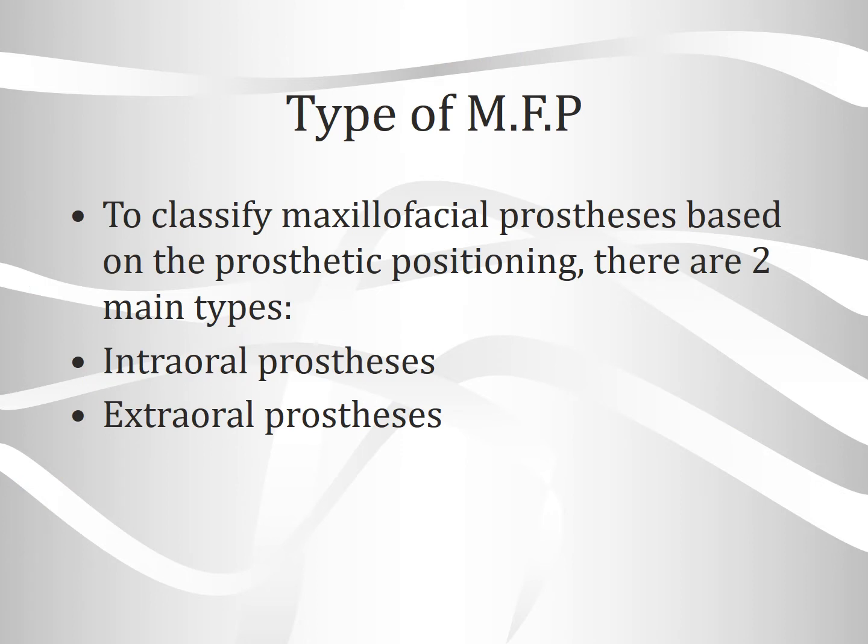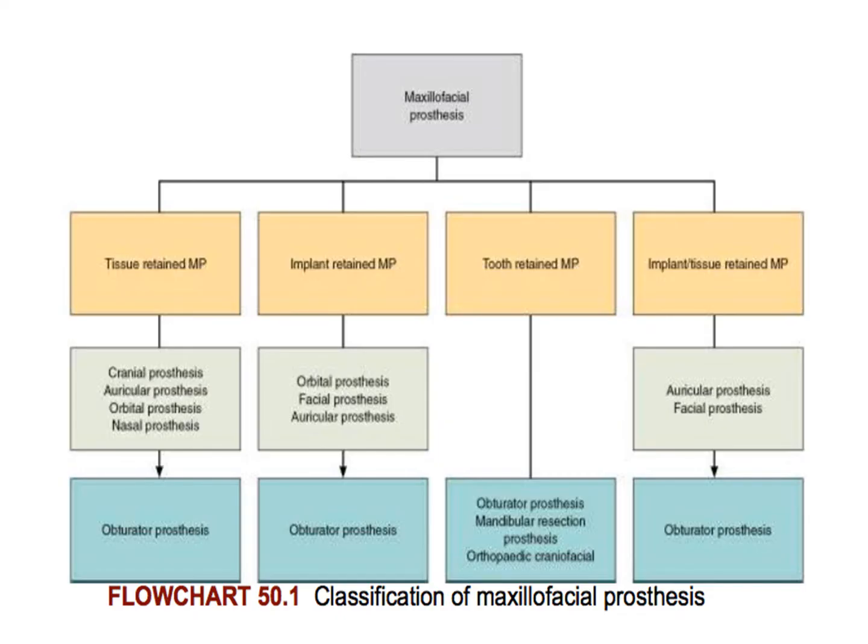The types of MFPs can be classified into two main types based on the positions: intraoral and extraoral prostheses. As you can see in the chart, it can be divided into four: tissue retained, implant retained, tooth retained, or implant or tissue retained.